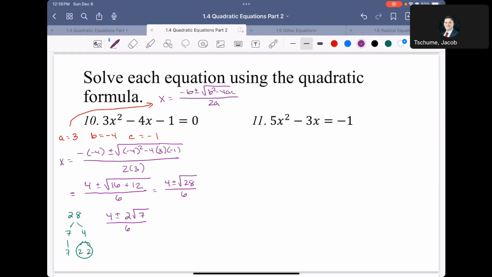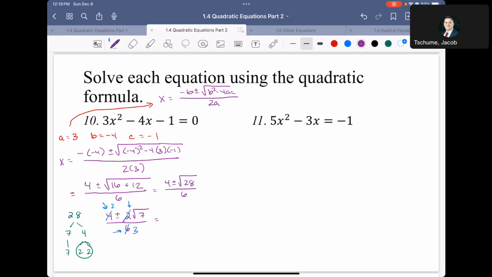Lastly, you will notice that if you look at all three numbers that are left, the 4, the 2 root 7, and the 6, all of those share a number in common. They all share a 2 in common, so we can divide each of those numbers by 2 to simplify even further. So the 4 will be divided by 2 to become 2. This 2 actually just cancels, and then the 6 on the bottom will become a 3.